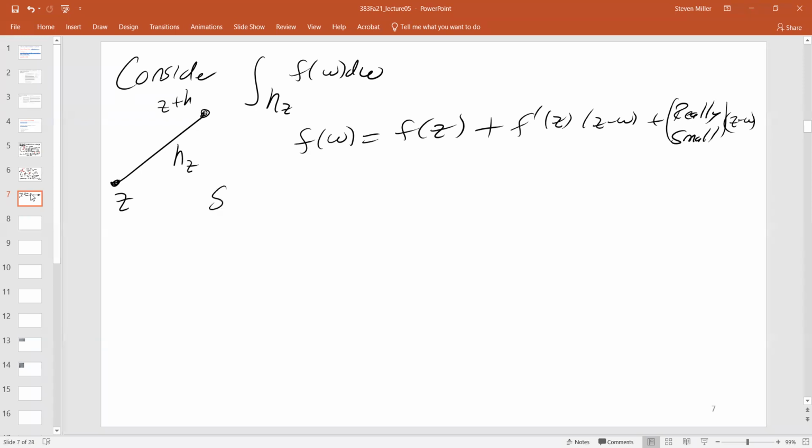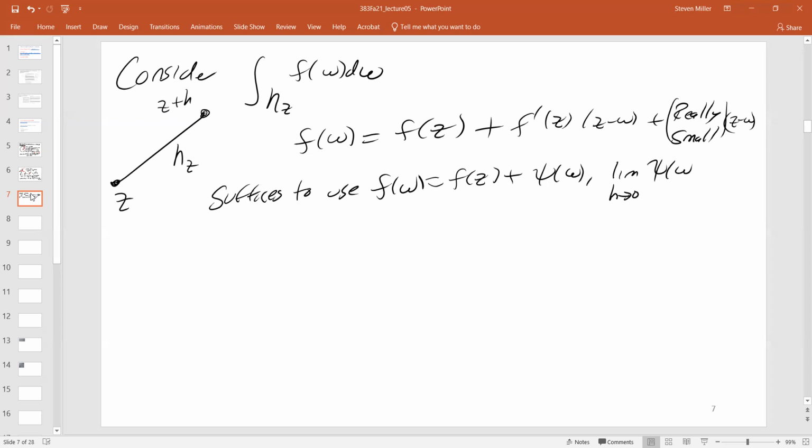It suffices to use f of w is equal to f of z plus c of w, trying to use the same notation as the book, with the limit as h goes to 0 of c of w equal to 0.